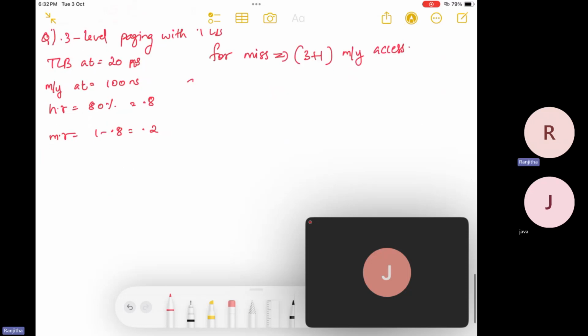So effective access time will be hit ratio into TLB access time plus memory access time, plus miss ratio into TLB access time plus 3 plus 1, 4 into memory access time, which is equal to 0.8 into 120 plus 0.2 into 420.